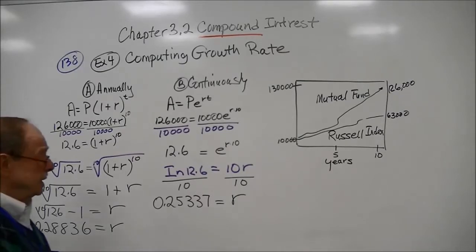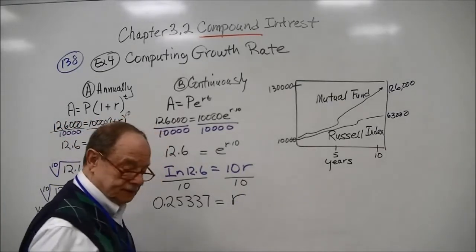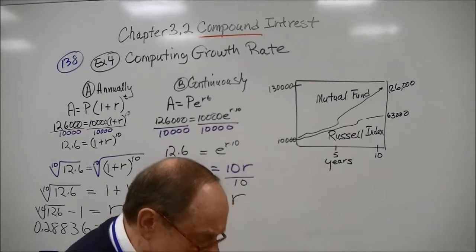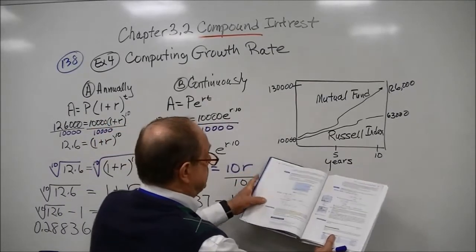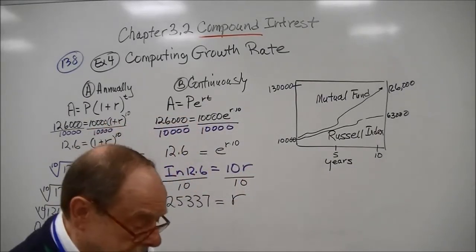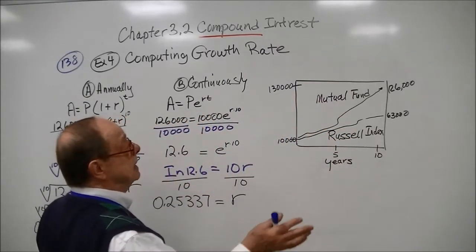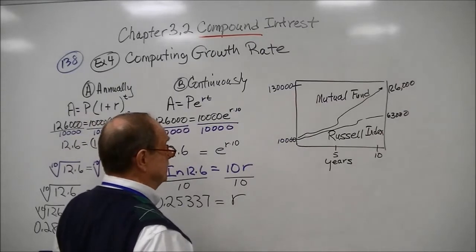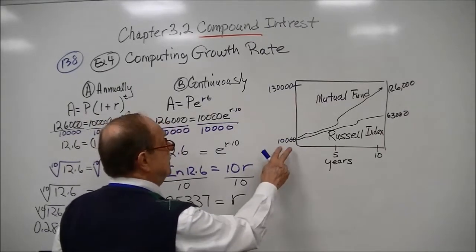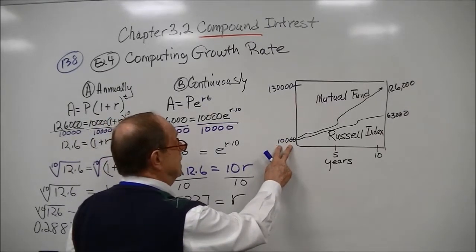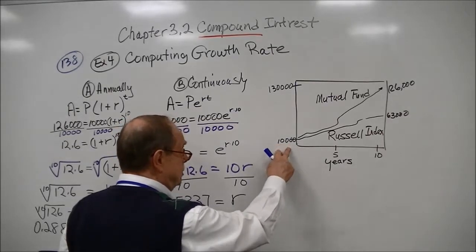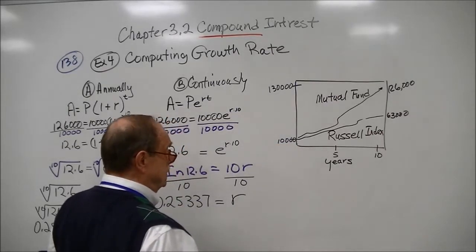And in our textbook here, they do show us this chart, which I reproduced here, taking lots of liberty. It's not exact. But it tells of an investor that had $10,000 to put into the stock market.